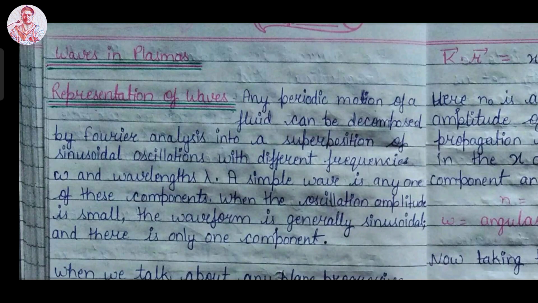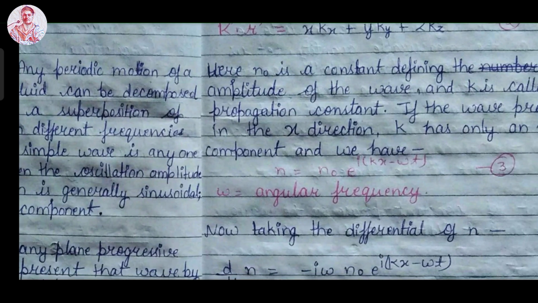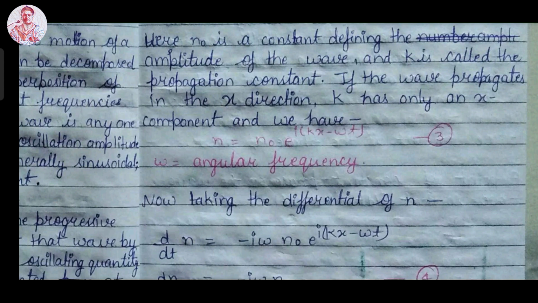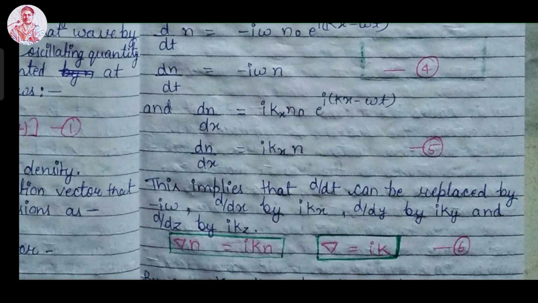Now let's review what we have done. We have a wave equation ψ = ψ0 e^(i(kx − ωt)). We have differentiated this equation with respect to time and position. Thereafter we get ∂ψ/∂t = −iωψ and ∂ψ/∂x = ikψ.